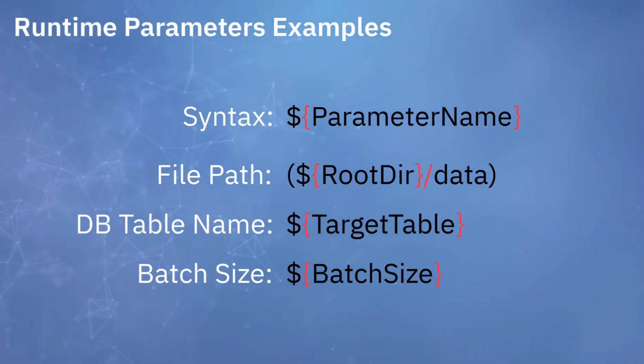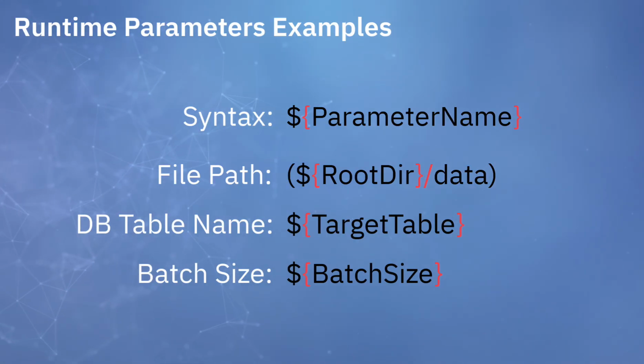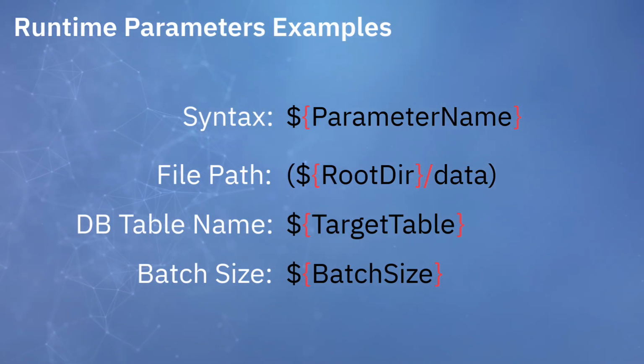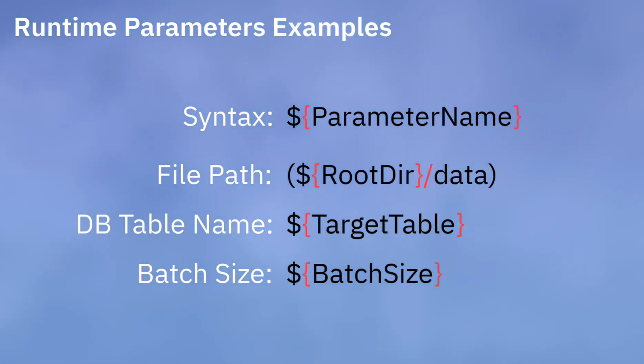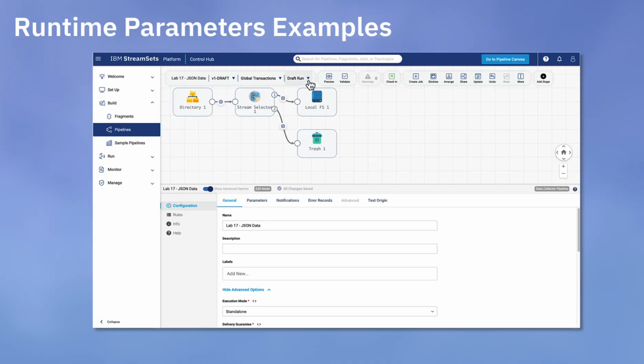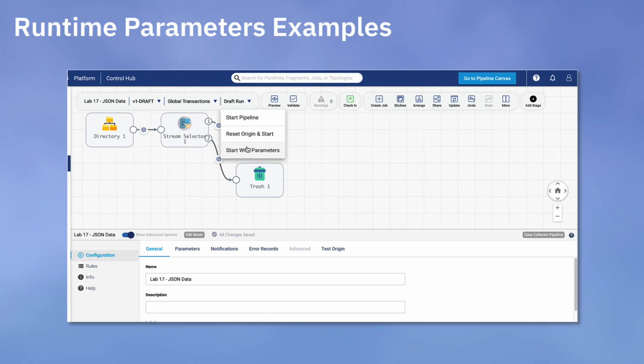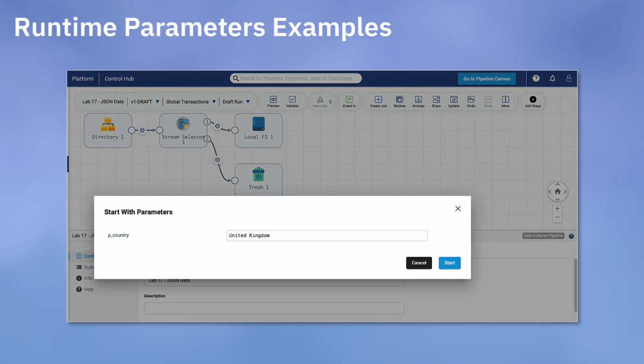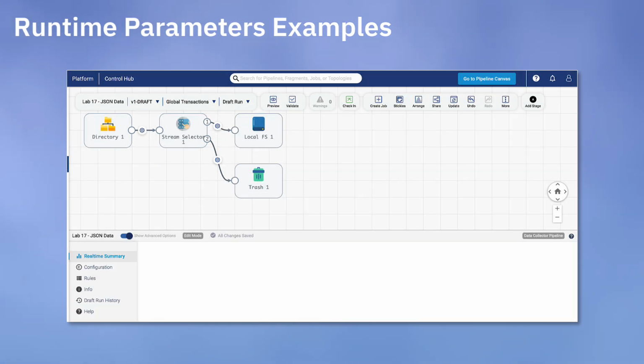Every parameter must have a default value when you design the pipeline. This default value is used unless it's explicitly overridden when you start the pipeline.